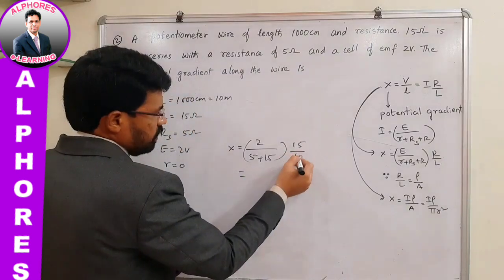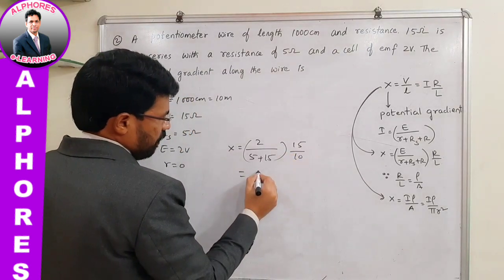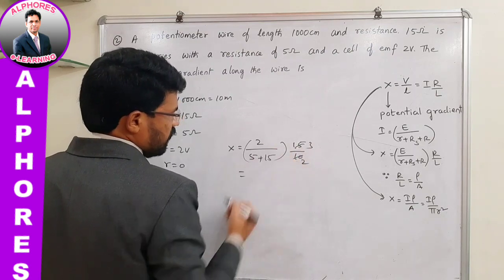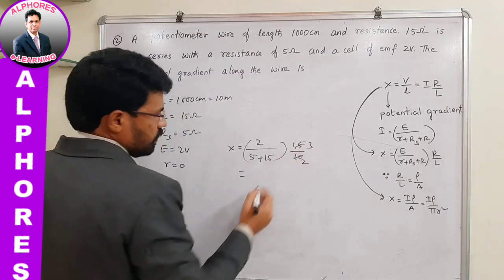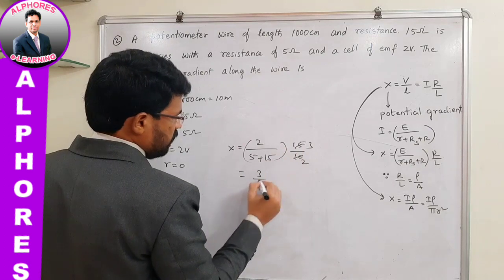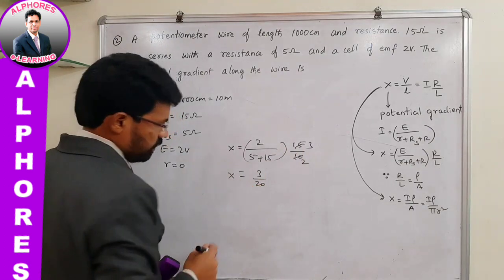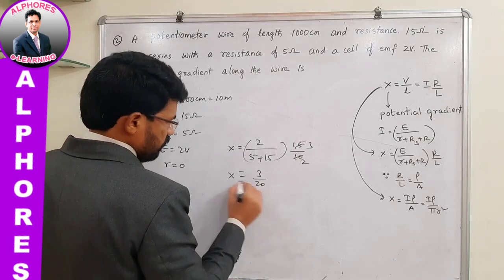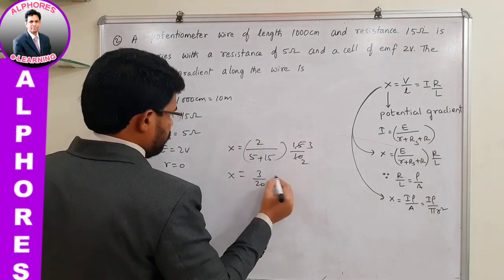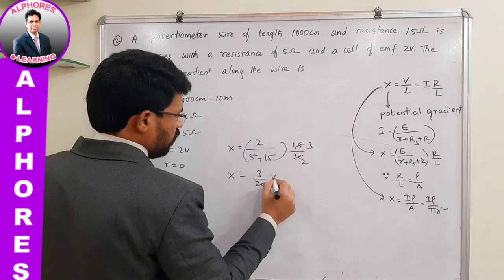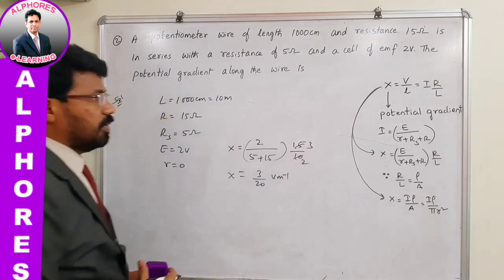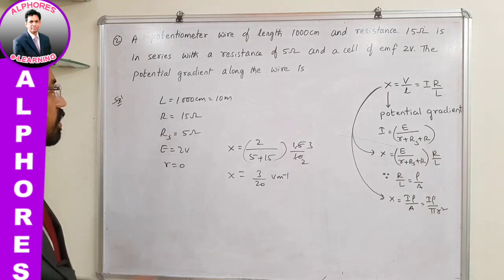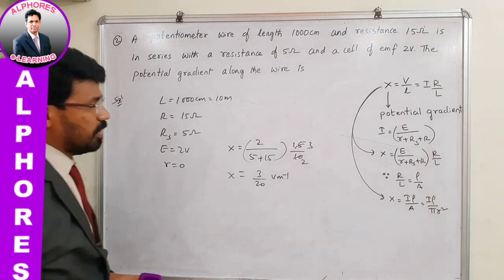So what you will have here, you will have 2 by 20, 3 by 0, 2 gets cancelled. Okay, so you will have 3 by 20, isn't it? And 3 by 20, what? It can be written as volts per meter. These are the units. If you want, you can simplify this further. Okay, so this is how you are supposed to handle potential gradient problems.